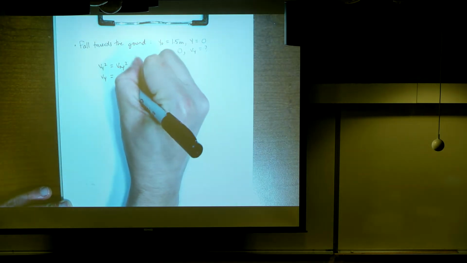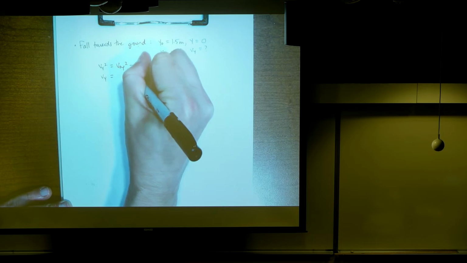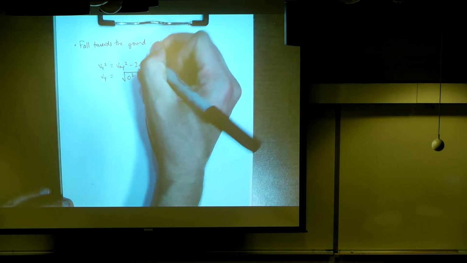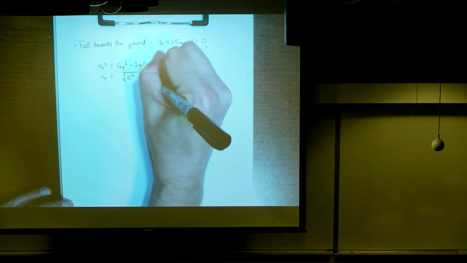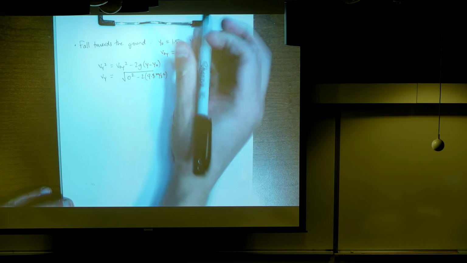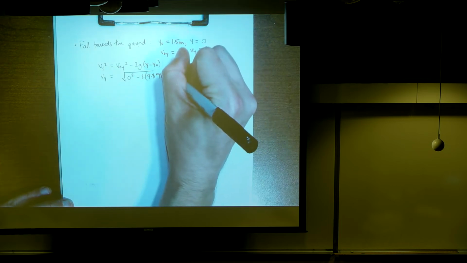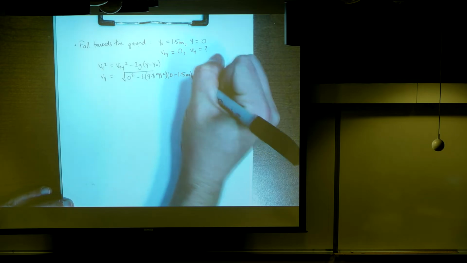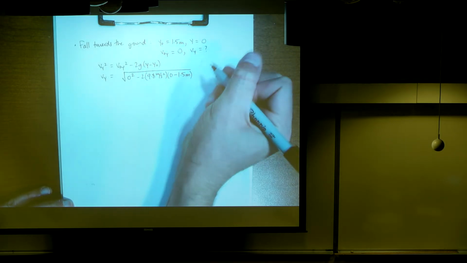And for that, I'm going to take the square root of v naught y squared, but that's just 0 squared, because I start off with 0 velocity. And then I have minus 2 times g, that's 9.8 meters per second squared. And then I have y minus y naught, which is 0 minus 1.5 meters, okay?